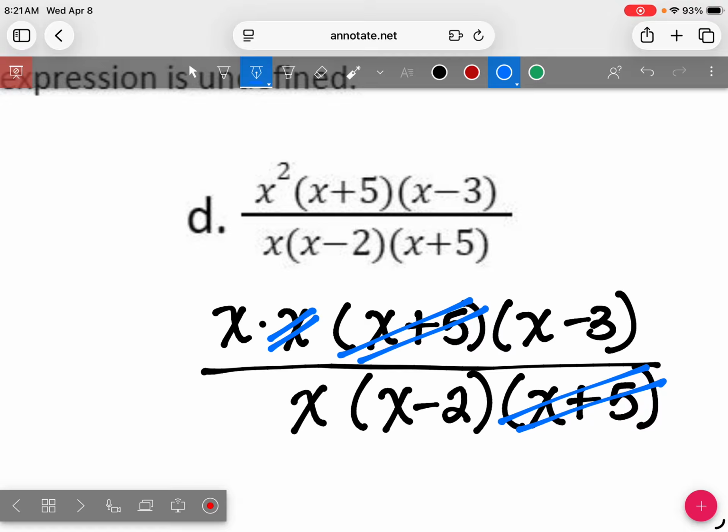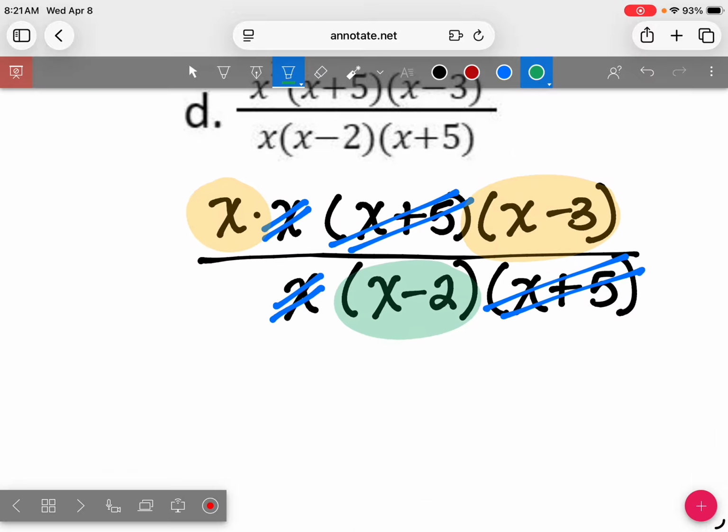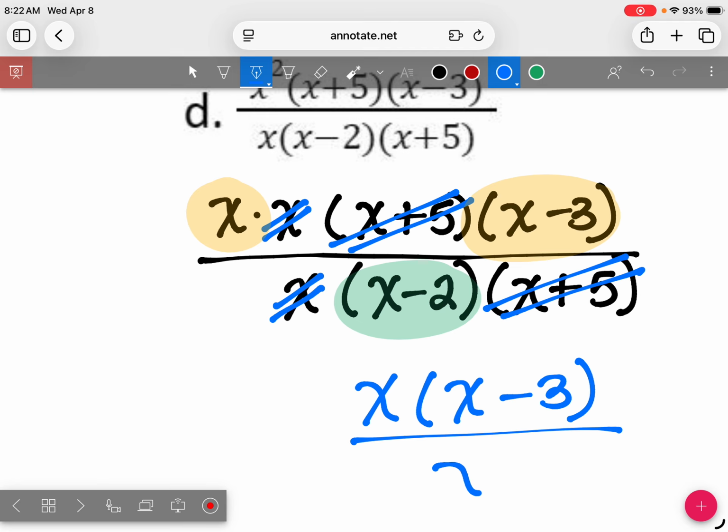One x from the top goes away and the one x in the bottom goes away. So we're just writing what's left over. In the numerator, I have x times x minus 3. And my denominator is x minus 2. So my final answer is x times x minus 3 all over x minus 2.